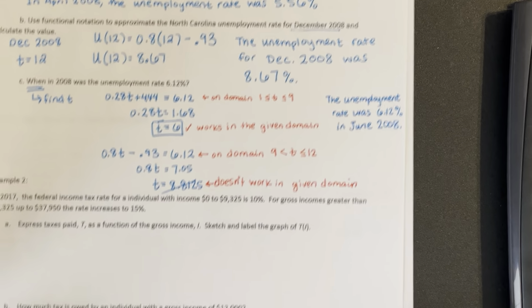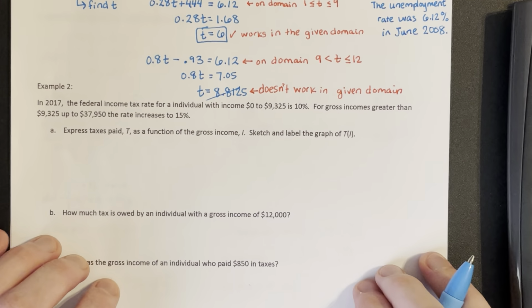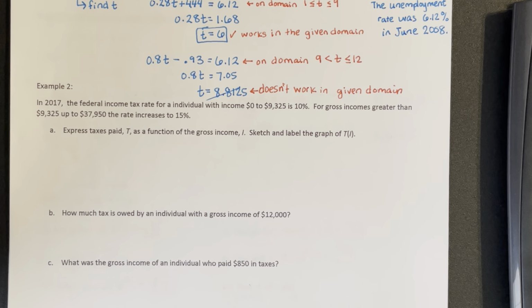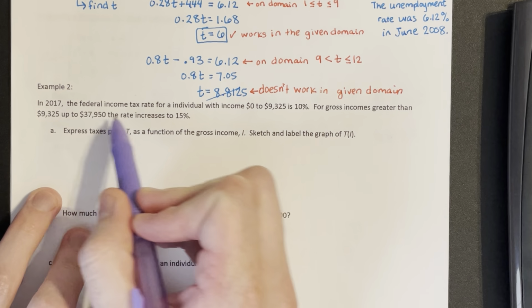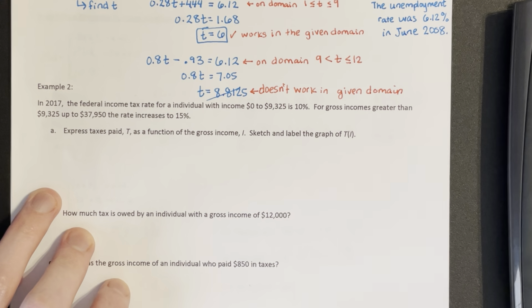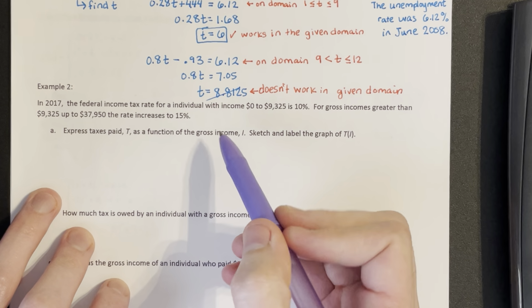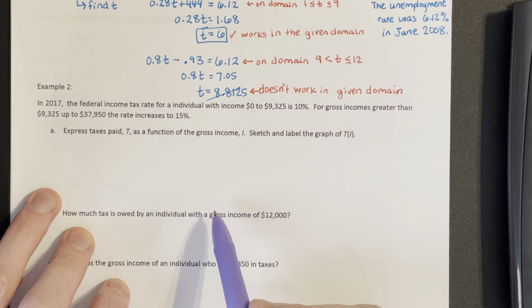All right, our last one here, we're looking at the federal income tax for an individual. And so this one's a little bit trickier. We're having to write the equation this time. We're given our information, but we need to decide what the different breakdowns of the equation pieces are.